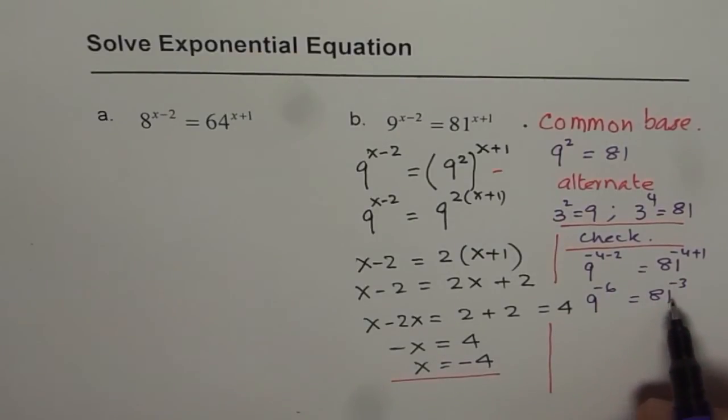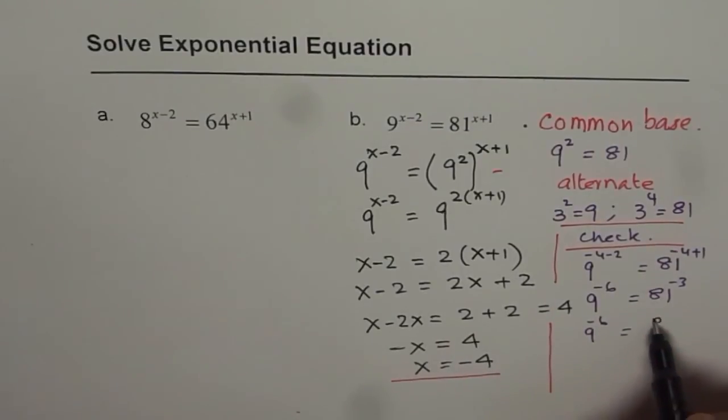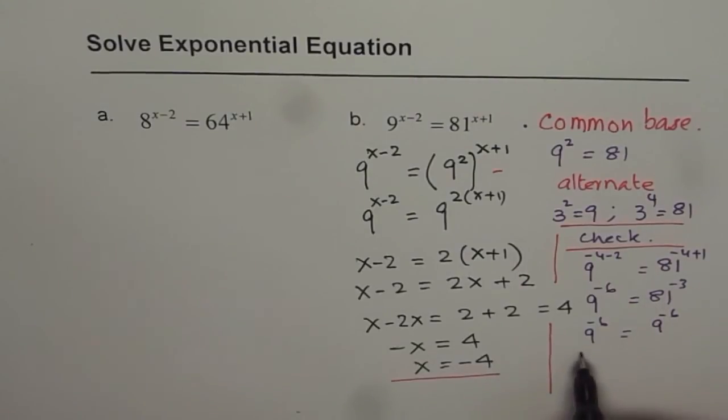Now we know 81 is the square of 9, so we have 9 to the power of minus 6 equals 9 to the power of minus 6. So we find that the left side and right side are exactly the same for x equals minus 4. So that becomes our solution, right? So that is how we can check also.